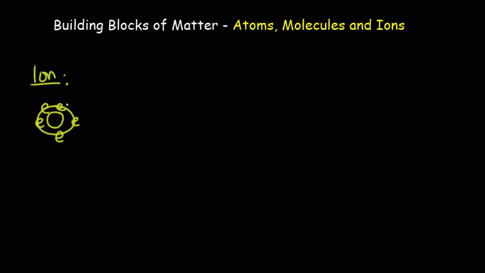Now, these electrons on the shells can be lost. Some of them can be lost, or new electrons can be added. If you lose some of the electrons on the shells of an atom, the atom becomes positively charged.